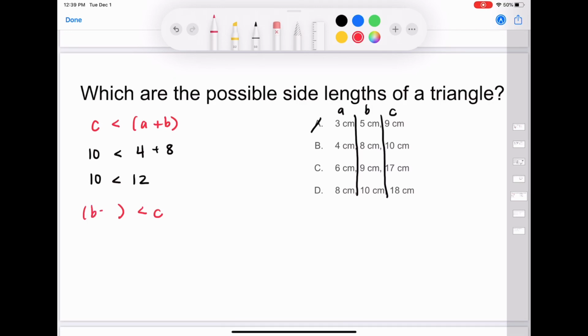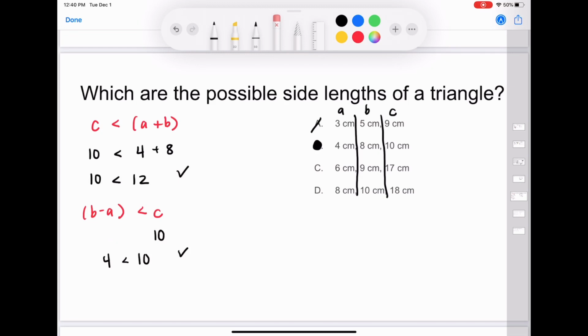So B minus A is greater than C. My B in this instance is 8, my A is 4, and my C is 10. Well, 8 minus 4 is 4, and 4 is less than 10. So that's also true. So both of these are true, so that would be our answer. That is a possible length of my triangle.